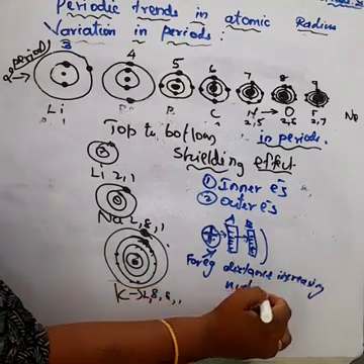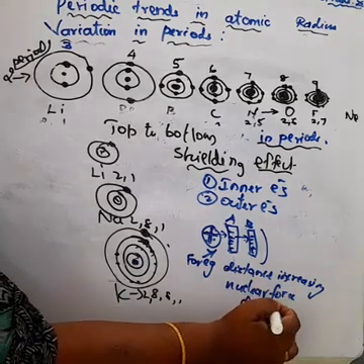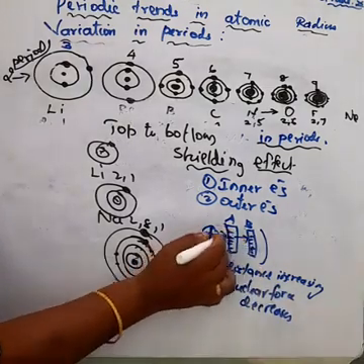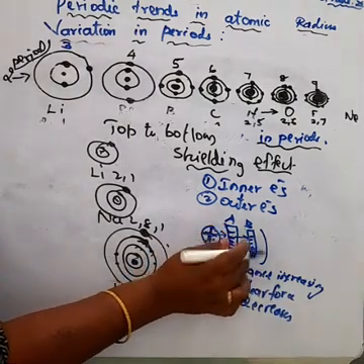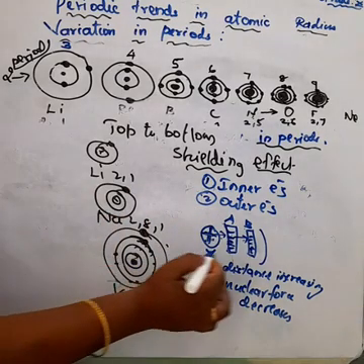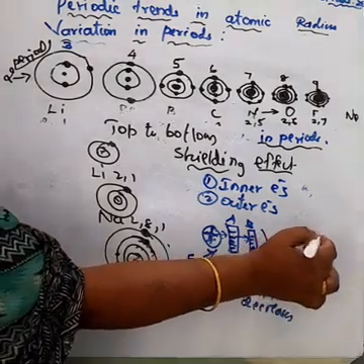Understood? When electrons are nearer to the nucleus, the attraction will be high. The nucleus highly attracts the electrons in the inner orbit. When the distance from the nucleus is high, the nuclear attraction will be low. Understood?